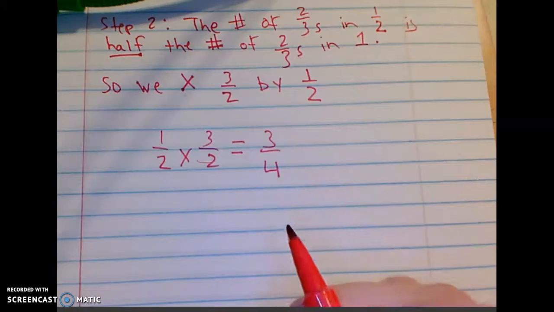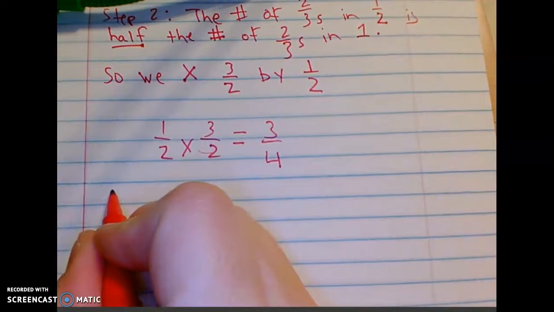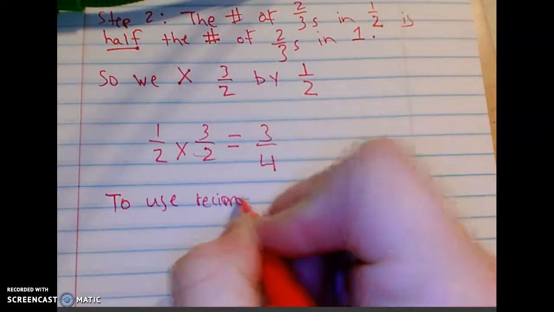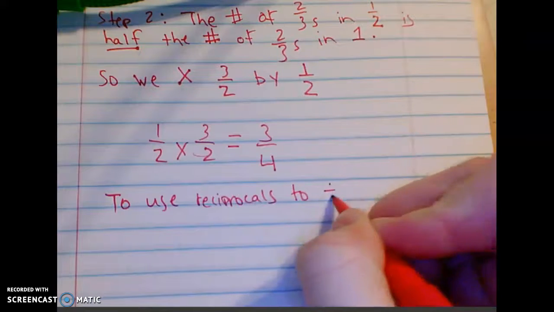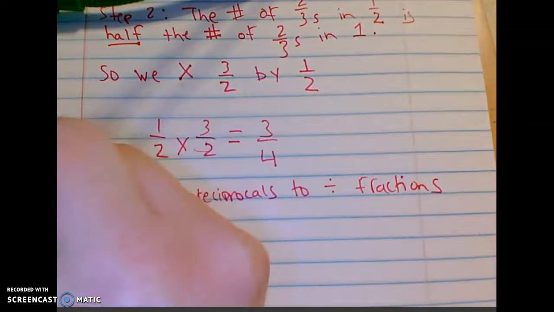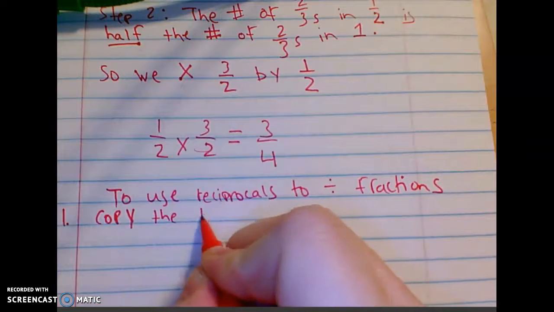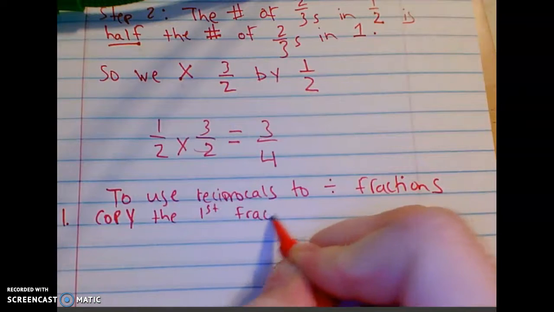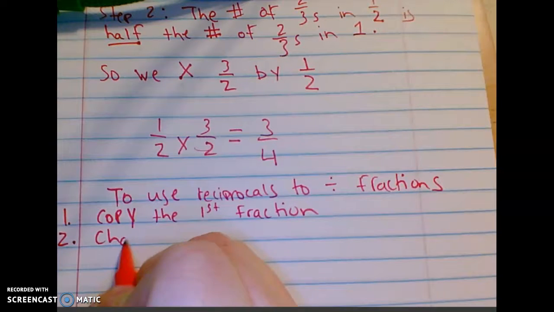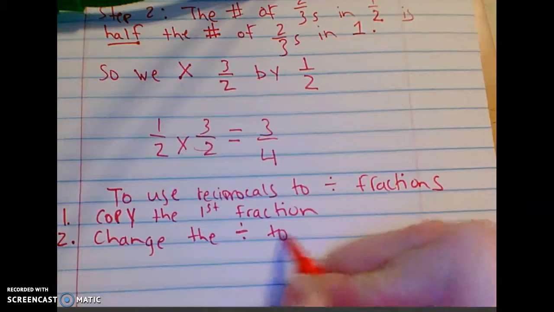So to use reciprocals to divide fractions, there are 5 steps. The first step, you're going to copy the first fraction. Second step, you're going to change the division to multiplication.